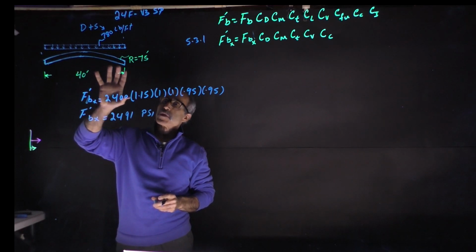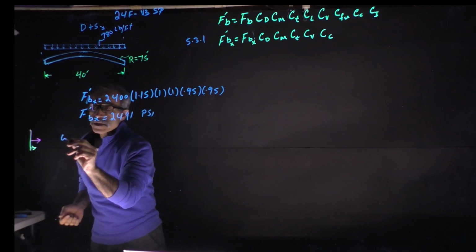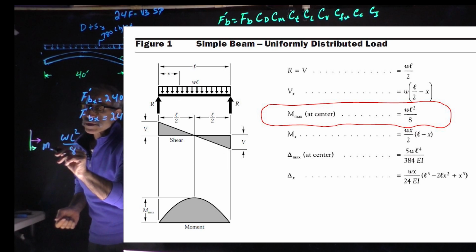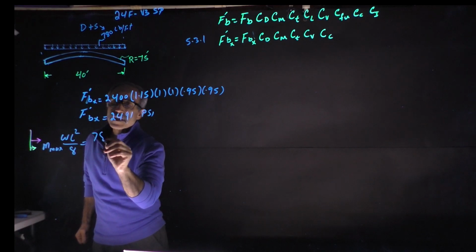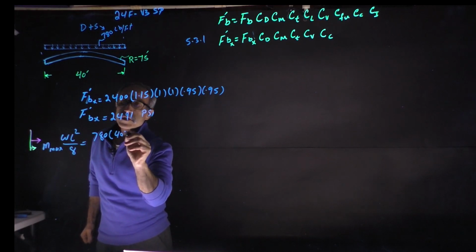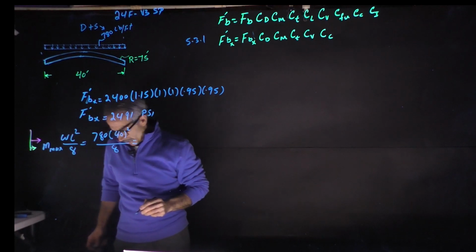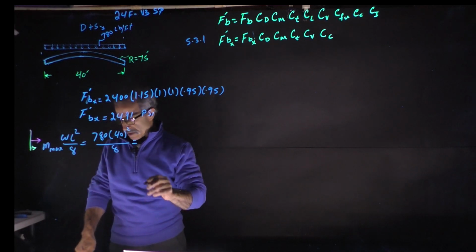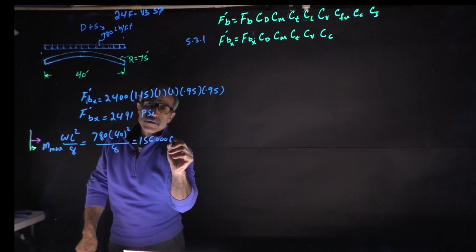Now I would like to find out the maximum bending moment for this loading. You know that from the beam formula, that's WL squared divided by 8, the maximum moment, and that comes out to 780 times 40 squared divided by 8, which is 156,000 foot-pounds.